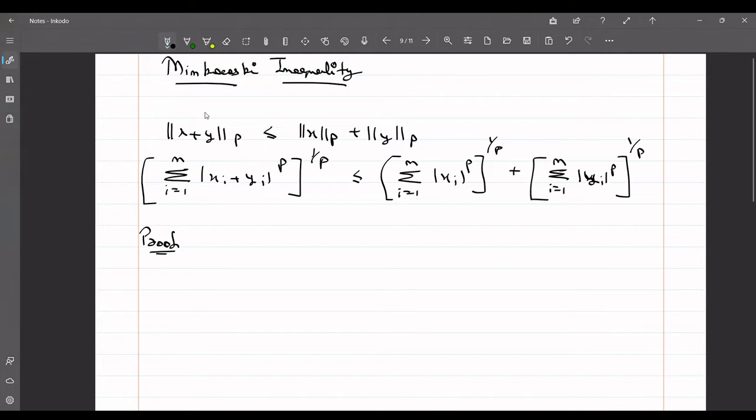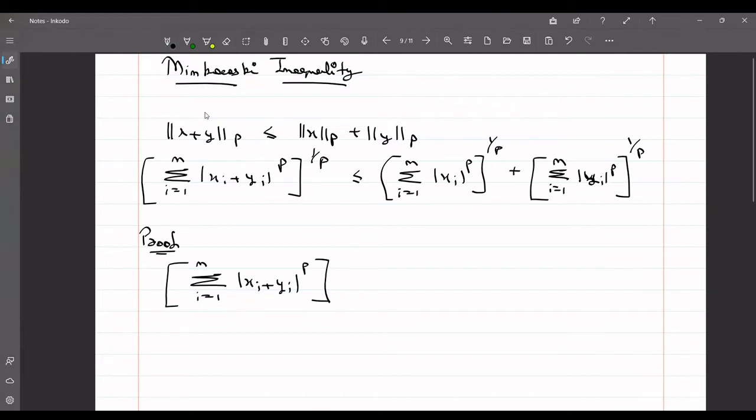So in the left hand side we have this: summation i equals 1 to n, mod of xi plus yi to the power p, whole to the power 1 over p. We do one thing, we just leave this 1 over p exponent for the time being.